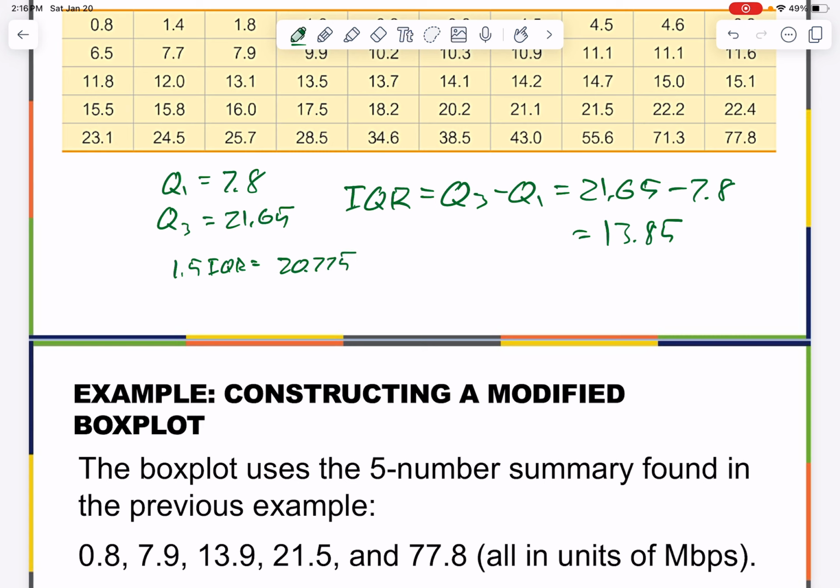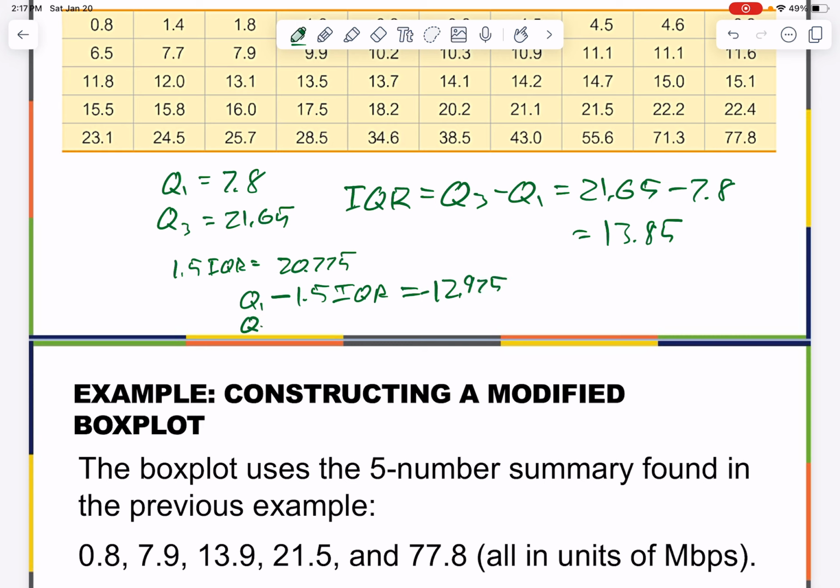And now the range for an outlier is going to be Q1 minus 1.5 IQR, which equals 7.8 minus that, and that gives me negative 12.975.